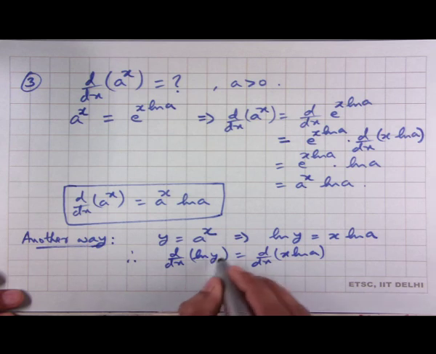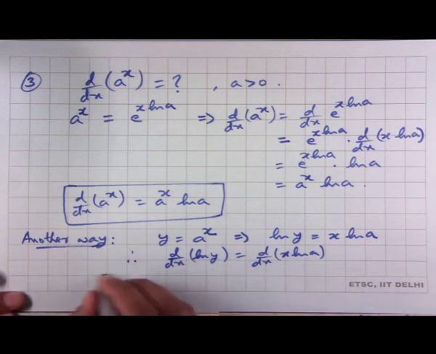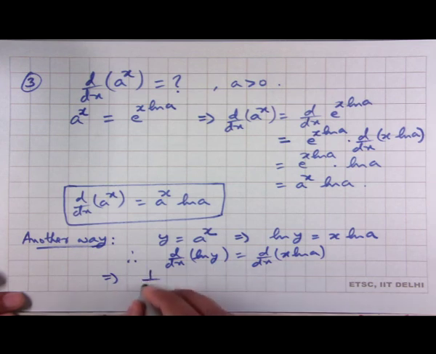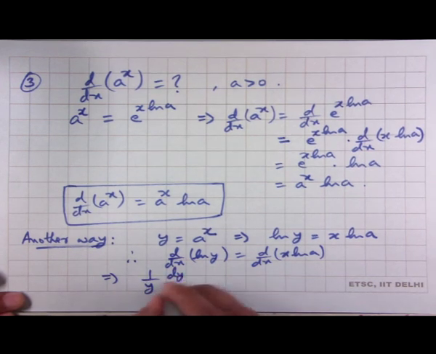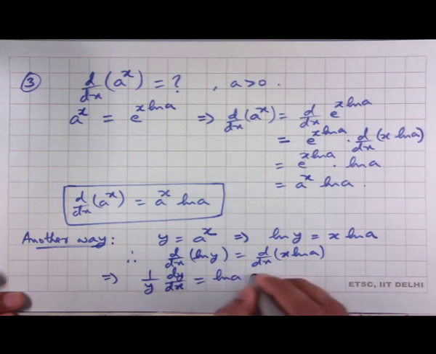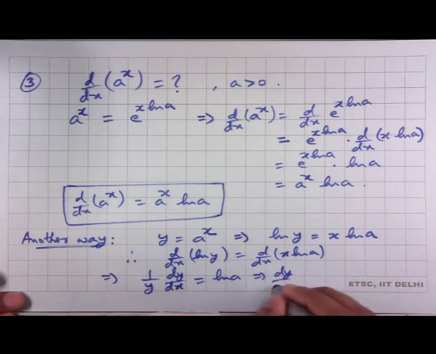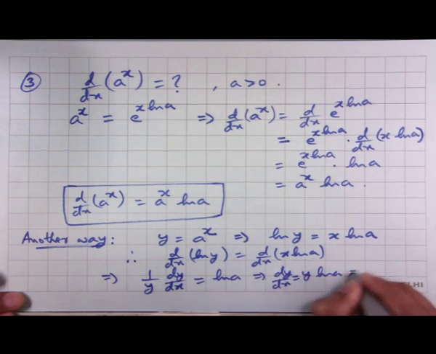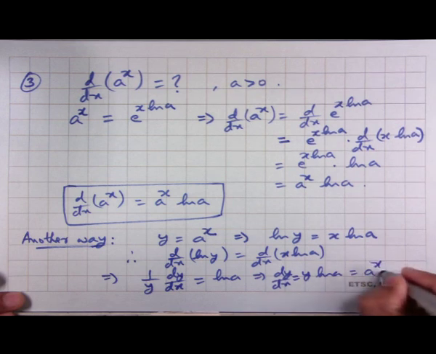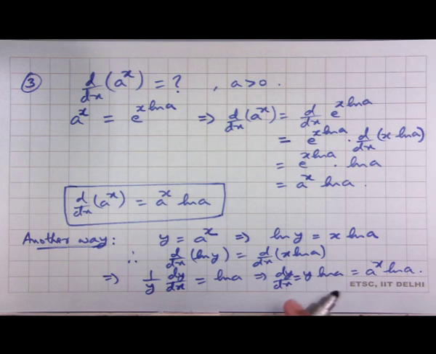Now, here because y is a function of x, I can use chain rule. This is equal to 1 by y times dy dx is equal to ln a, which implies dy dx is y times ln a, which is a to the x ln a. So, this gives the same answer, but it might be slightly easier for you to write in this form.